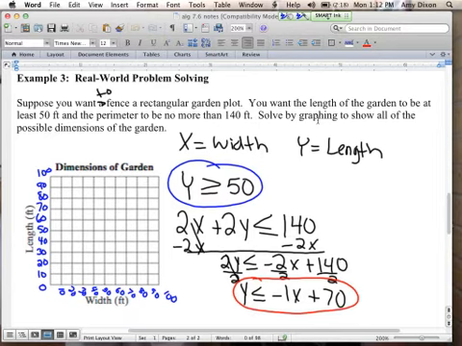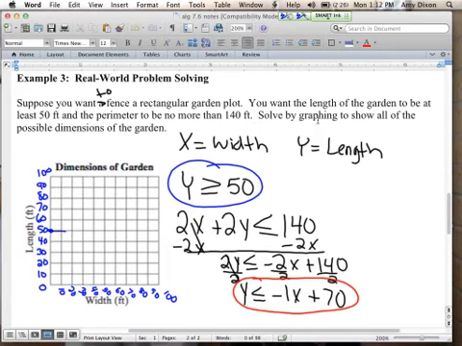All right, so on the blue line, we need to graph the equation y equals 50. What does the equation y equals 50 look like? Horizontal line that goes through 50 on the y-axis. Now, is this going to be a solid or a dotted line?